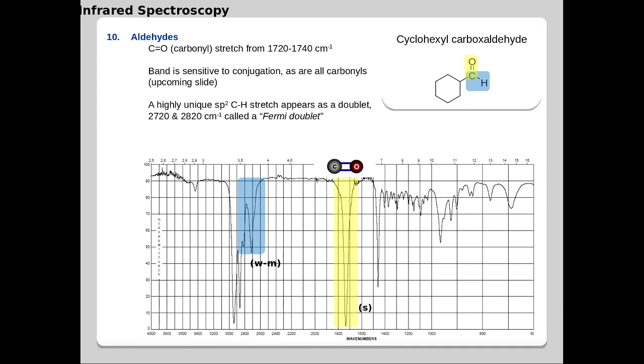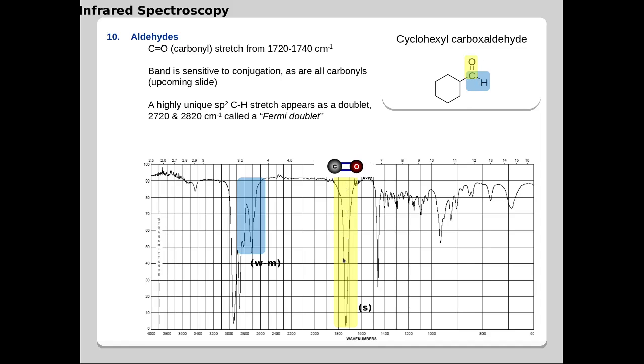This spectrum shows the IR spectrum of a typical aldehydic molecule, cyclohexyl carboxaldehyde. The peak we should focus on right now is the one that appears at around 1720 cm⁻¹, which is a strong peak due to the carbonyl functional group stretching frequency.